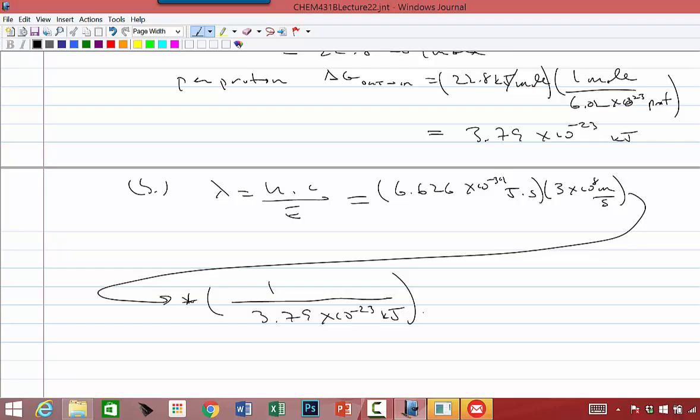I've got to put in some conversion factors here. 1 kilojoule is the same thing as 1,000 joules. And 1 times 10 to the 9th nanometers is the same as 1 meter.